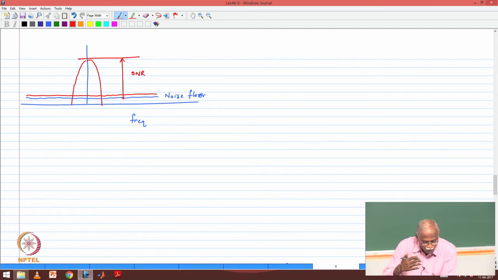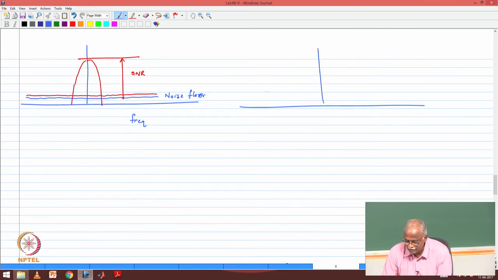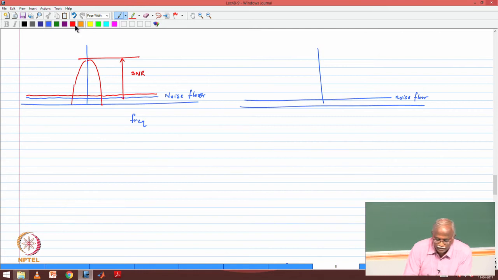Now move from this into a multi-user environment. Okay. I have a multi-user environment, noise floor like before, noise floor. Okay. Now I have user number 1.